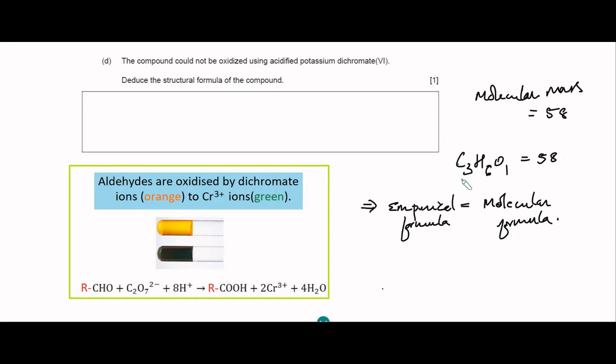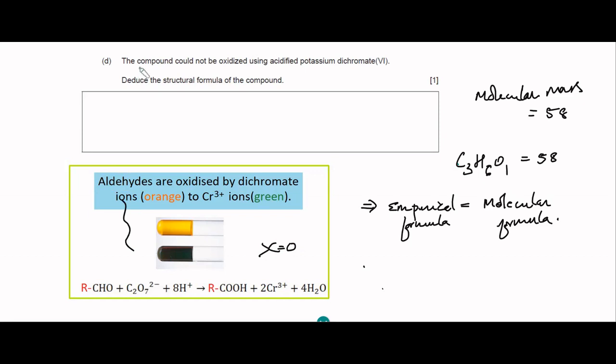With this, we have to find out the structural formula of the compound. In order to identify that, we need one more piece of information. We already saw from the IR spectrum that there is a presence of the carbonyl group, and from this test, we will be able to identify whether the compound is an aldehyde or a ketone.